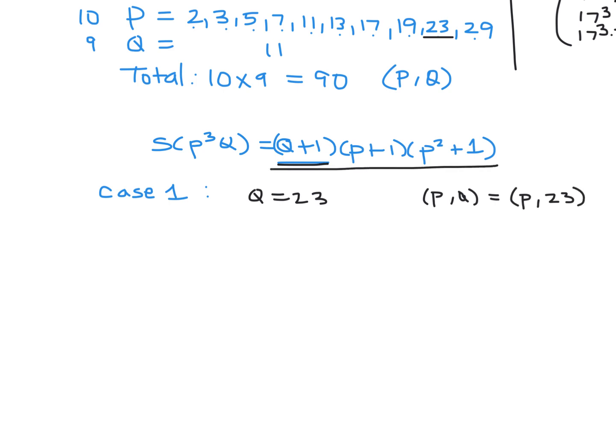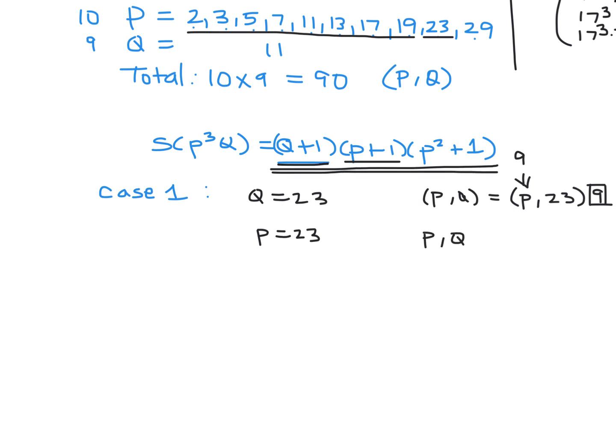Now P actually has 10 choices, but we can't use 23 because they'd have to be distinct. So we have 9 choices for this guy. So there's 9 such pairs. And I think the same story holds true for P. If P is 23, then again, this whole expression would be divisible by 24.